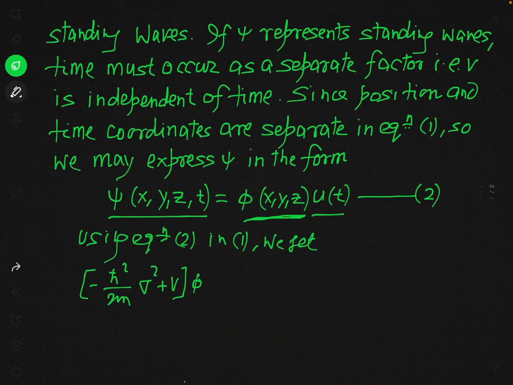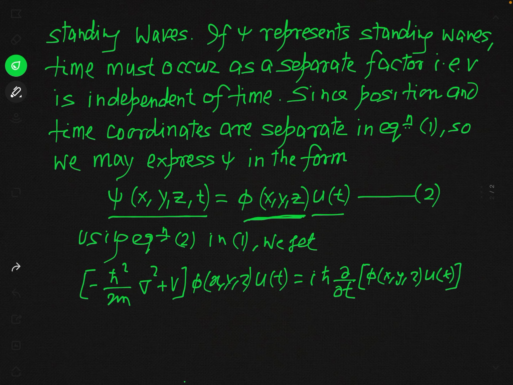So this can be written as phi of x, y, z times u of t, and this is equal to i h bar del psi by del t, where psi can be written as phi of x, y, z times u of t.